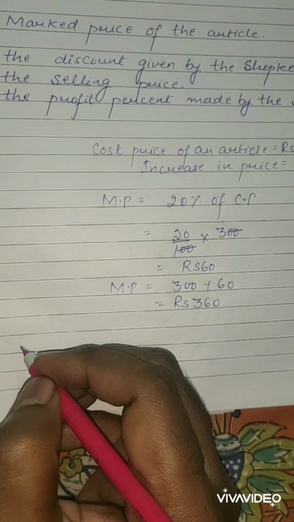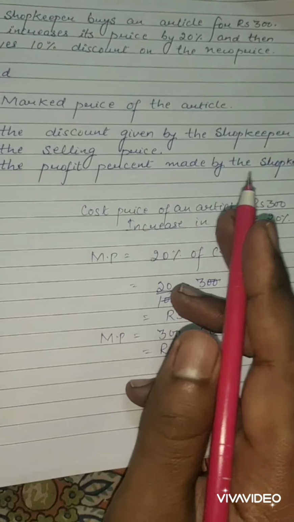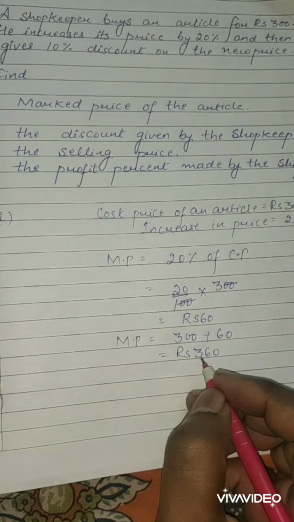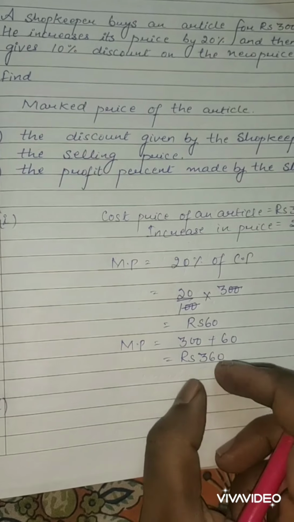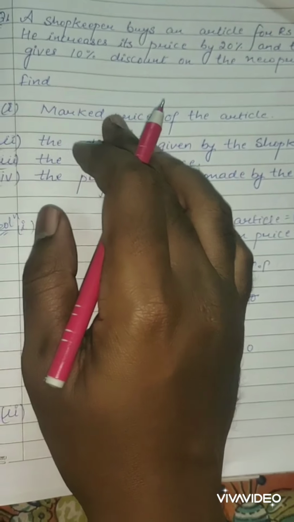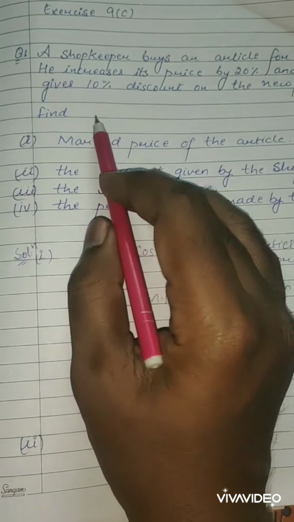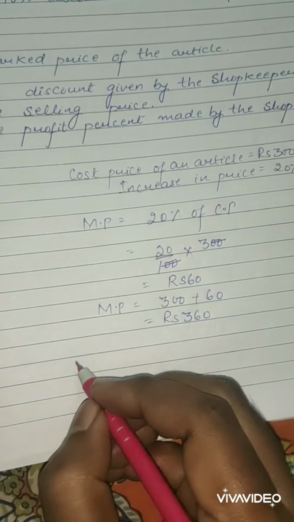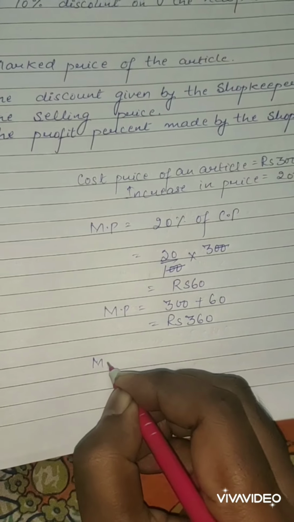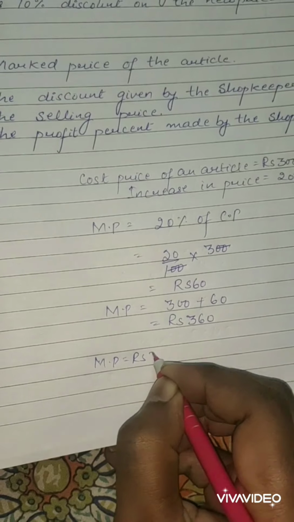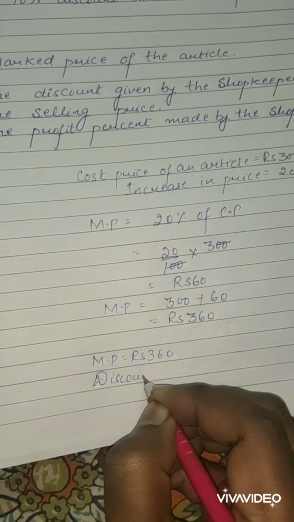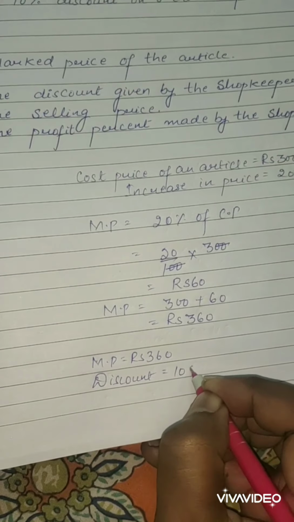The second part is asking for the discount given by the shopkeeper. Now that we have the mark price, we will find the discount on this price, which is marked by the shopkeeper, and the discount is 10%. So we know that the mark price is rupees 360 and the discount percent is 10%.